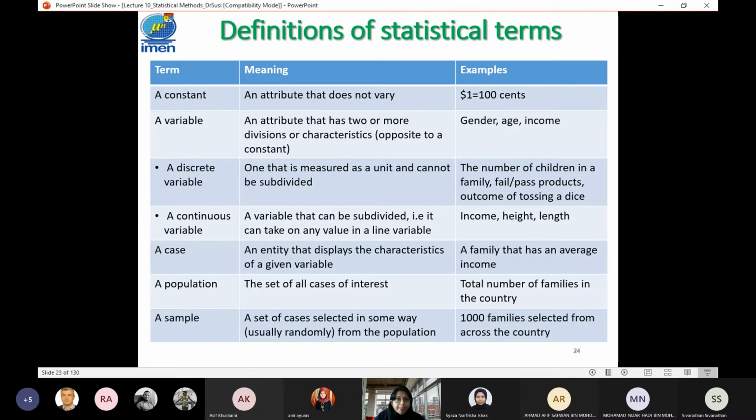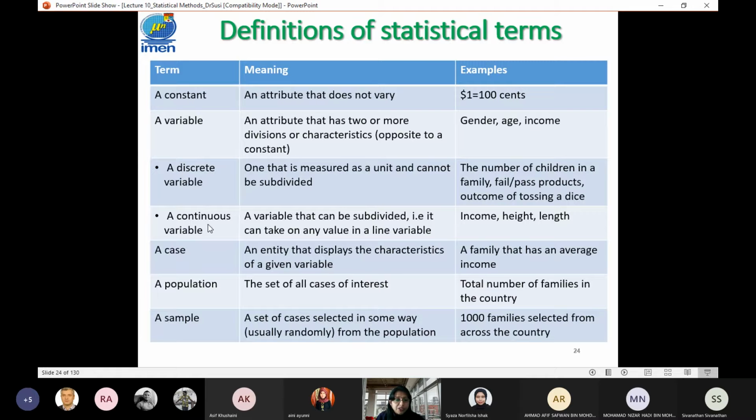Okay. And these are some common statistical terms. I think Dr. Abang has also gone through this, but I'd like to bring your attention to what is a discrete variable and also a continuous variable. I believe most of you are working on discrete variables, where it involves a number and you cannot subdivide the number.